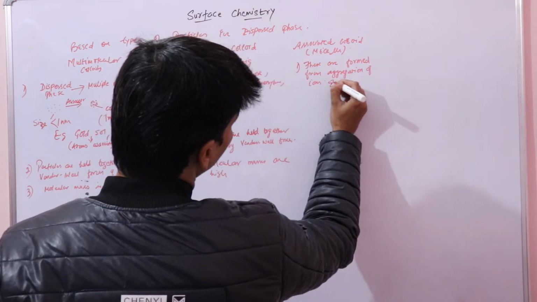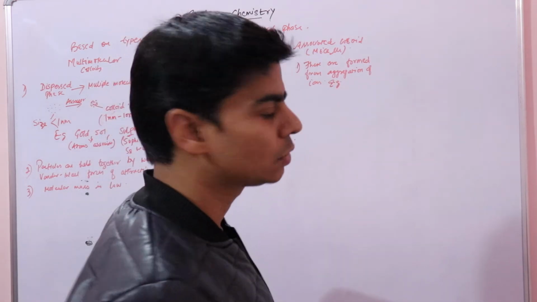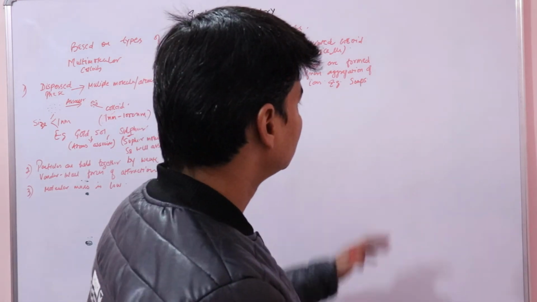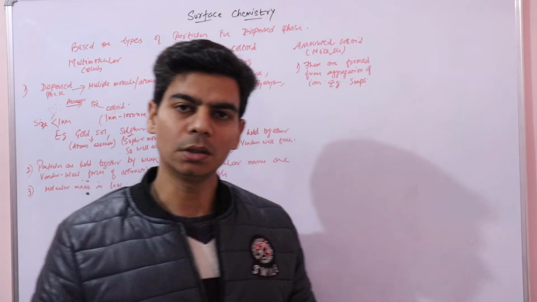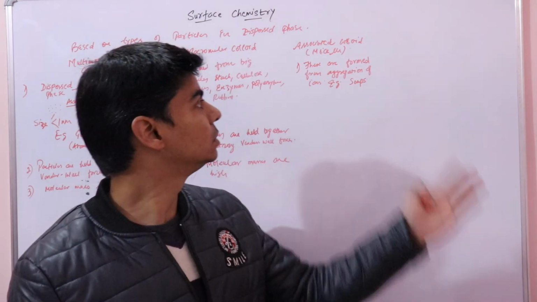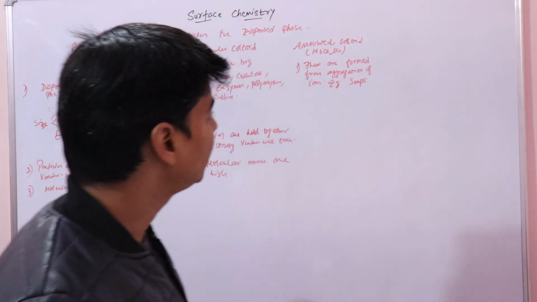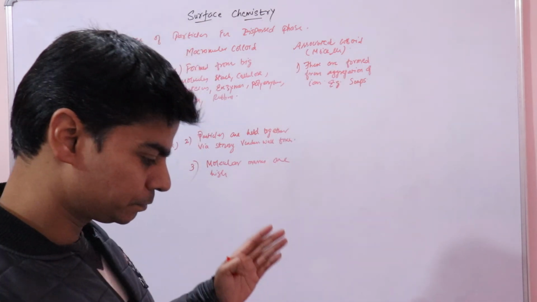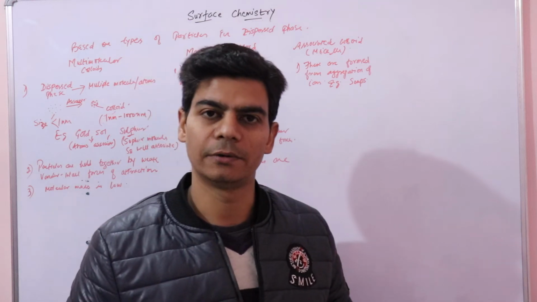The most common example of associated colloids is soaps. When soaps are dissolved in water, they form associated colloids known as micelles. And these types of colloidal solutions are formed at a little higher concentration.